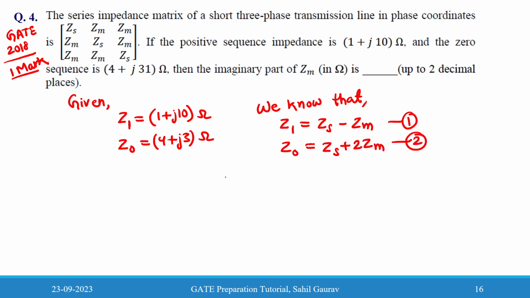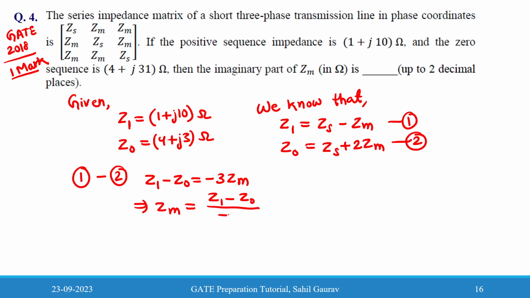So subtracting 2 from 1, Z1 minus Z naught is equal to minus 3 Zm. So Zm will be (Z1 minus Z naught) divided by minus 3.